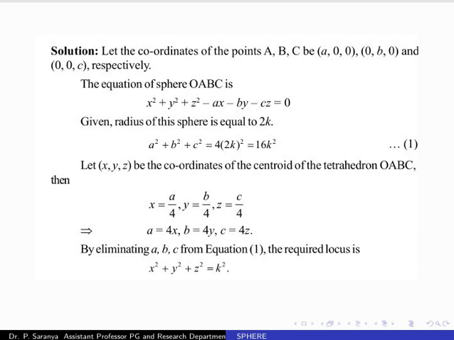From this we get a equal to 4x, b equal to 4y, c equal to 4z. By eliminating a, b, c from equation 1, the required locus is x square plus y square plus z square equal to k square.